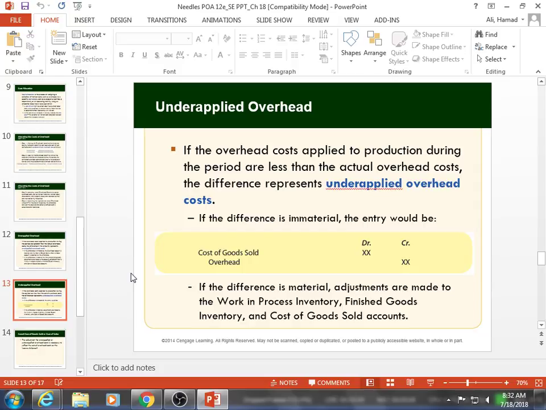And if the underestimation is material, then you're going to look at where it went. Why is it material? Why is there too much under applied? Then you go to work in process, finished goods, and cost of goods sold.